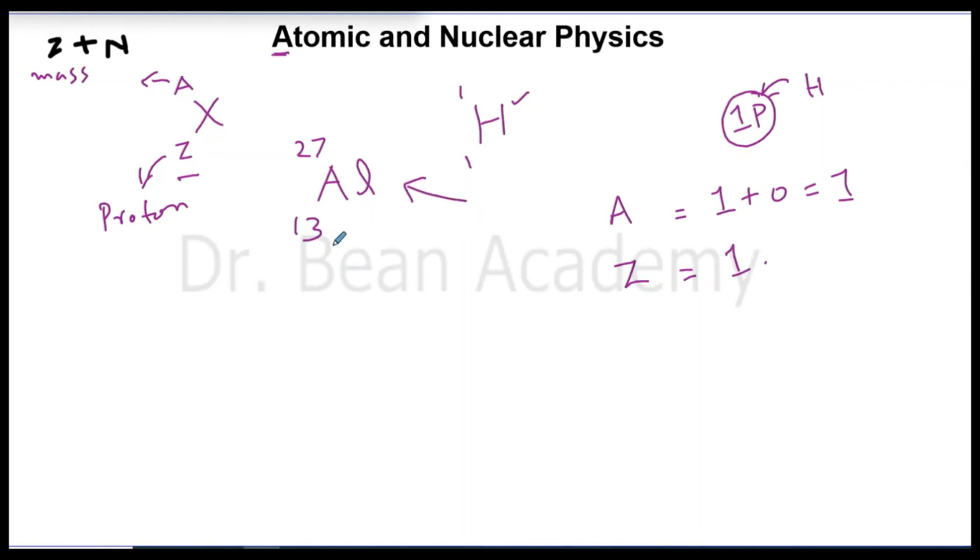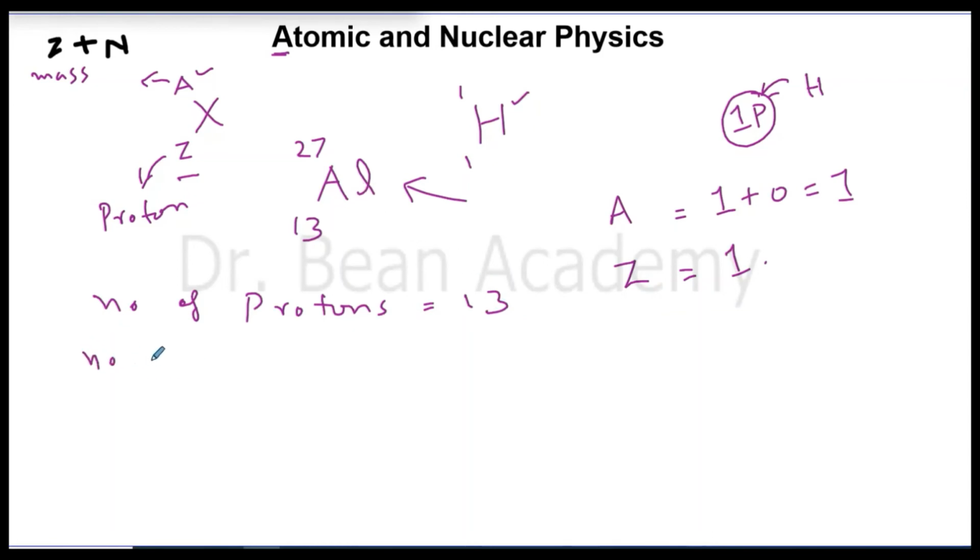I have given you all the necessary details according to our agreed format: I write the mass number at the upper left corner, and in the lower left corner I write the proton number. So the answer is very easy. The number of protons in the nucleus of aluminum is 13. There are 13 protons in the nucleus of aluminum.